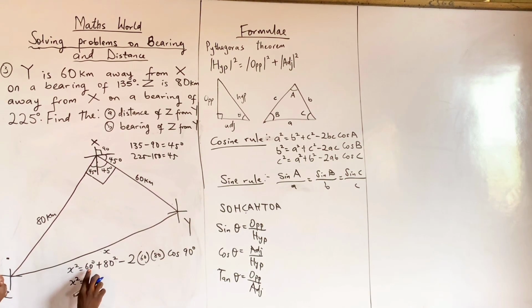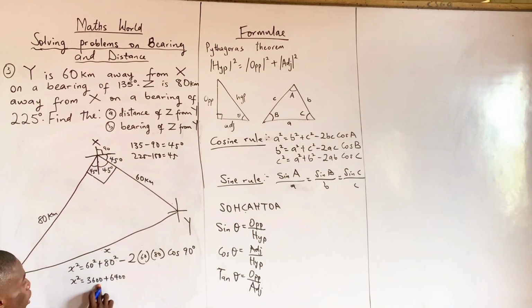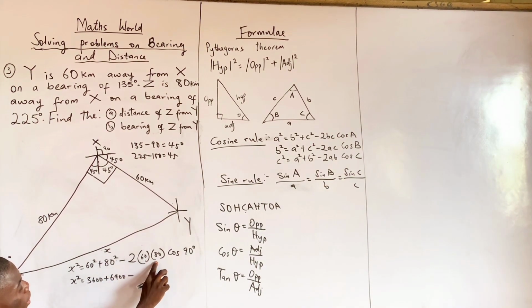x squared equals, what is our 60 squared? 60 squared is 3,600 and 80 squared is 6,400, minus this times this.